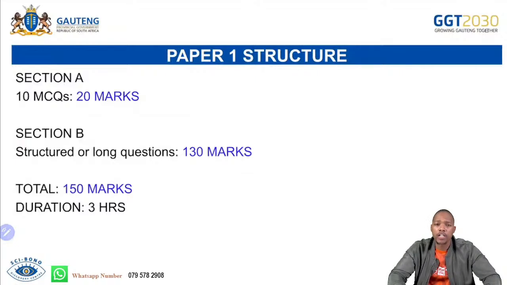Sometimes you'll find that it has matching items, which is column A and column B. Section A is out of 20 marks, and then you also have section B with structured or long questions that will add up to 130 marks, or 122 if we have matching items back in section A. The total of the question paper is 150 marks and the duration of the paper is 3 hours.